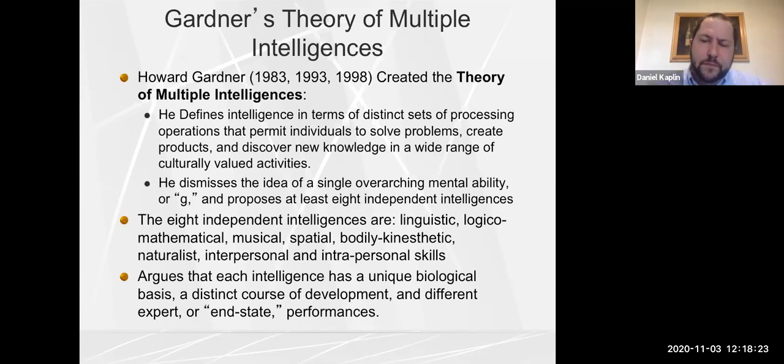So now he does believe that we have various abilities on all of these distinct intelligences. So what are they? Well, the first two should sound fairly familiar to you. Linguistic intelligence or verbal abilities, and logico-mathematical abilities, that's your analytical intelligence. So these tend to be linked together.